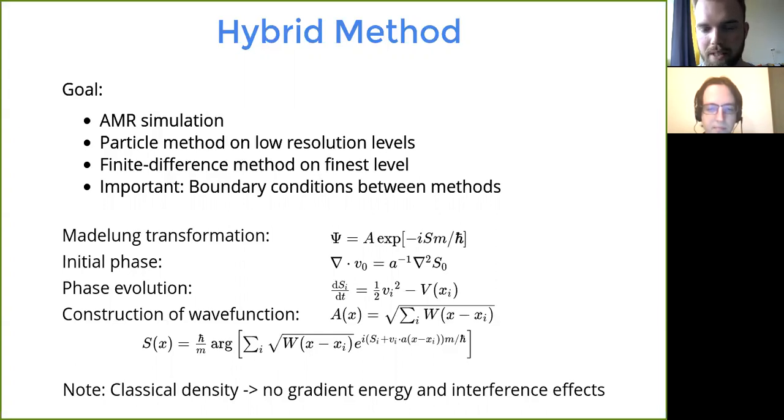So we use that representation and associate the particle velocity with the gradient of the phase, or the complex phase of the wave function. And therefore we can initialize the phase by using that the divergence of the velocity is proportional to the Laplace operator of the phase, and then use the Poisson solver of our code. In this case, we used ENZO to reconstruct the initial phase.